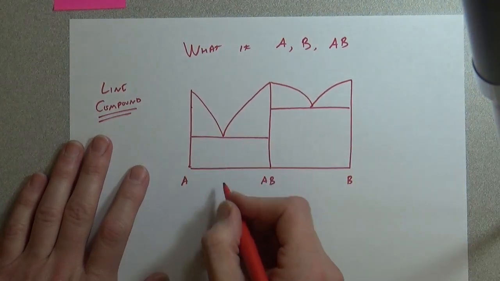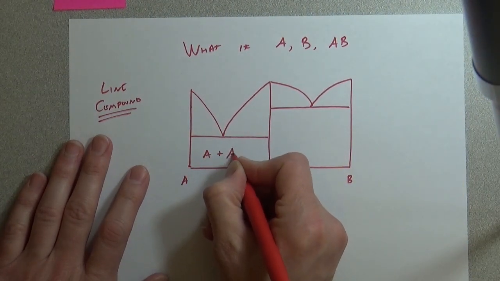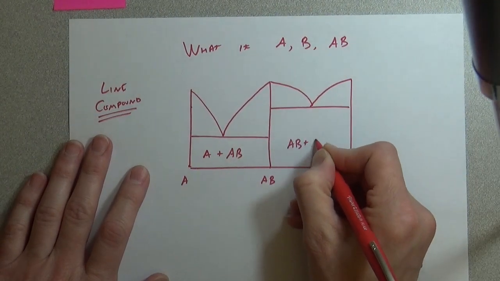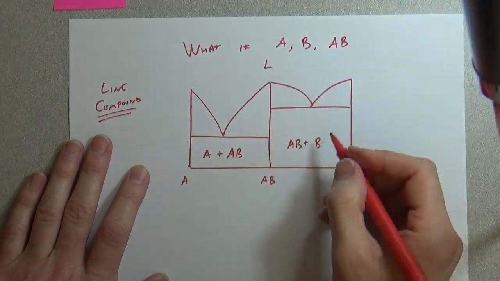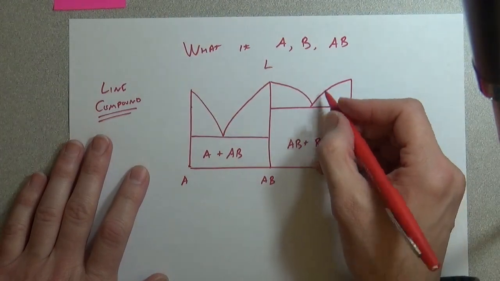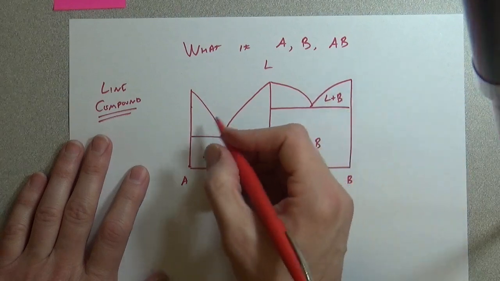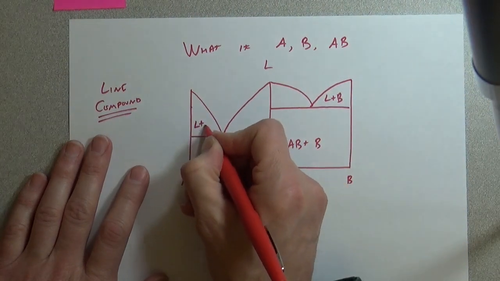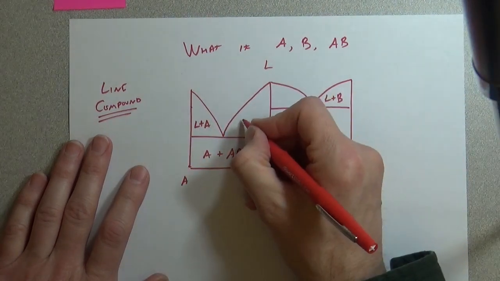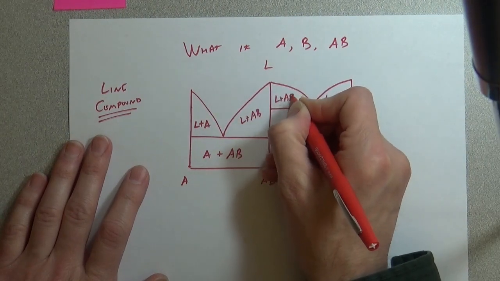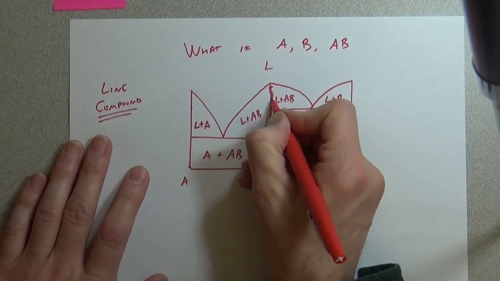So here we have A plus AB. Here we have AB plus B, liquid. This is liquid plus B. This is liquid plus A. And this is liquid plus AB, B. So I should probably just take that out, like that.